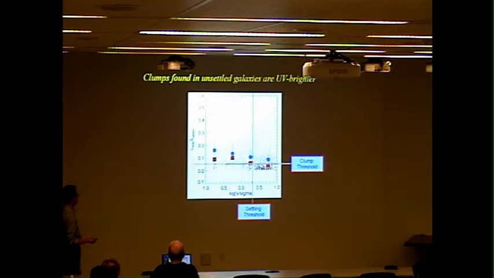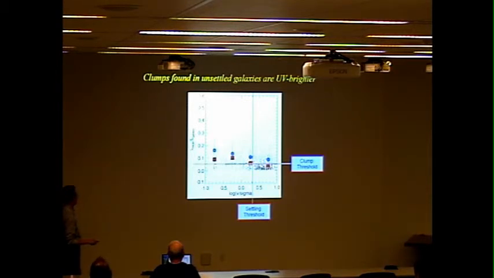But when you go to these unsettled galaxies, the majority of blobs, discrete star-forming regions, are called clumps. And also, if you just take clumps above this clump threshold, the UV luminosity or fractional UV luminosity of clumps increases when you go from settled disks to unsettled disks.